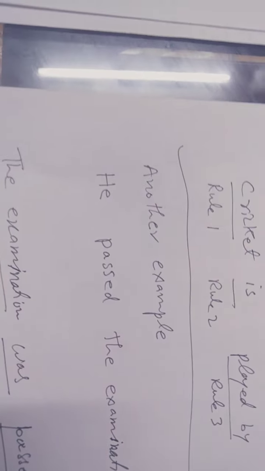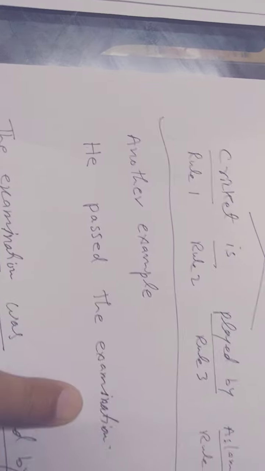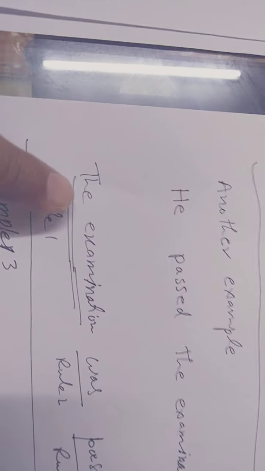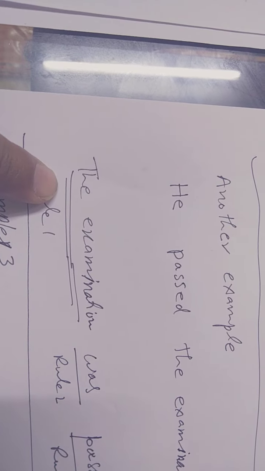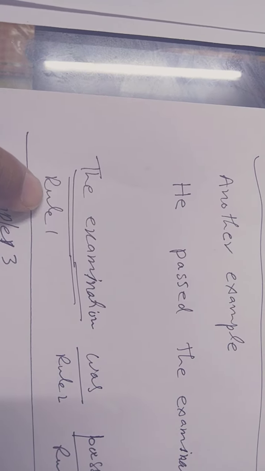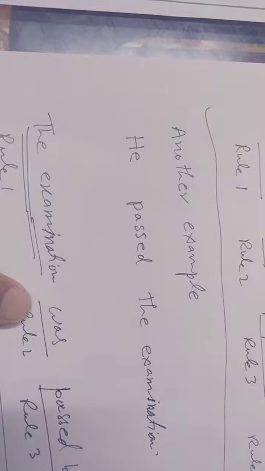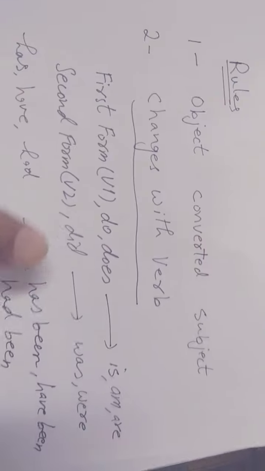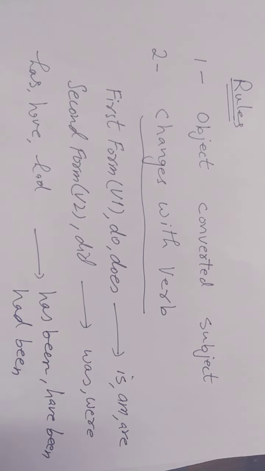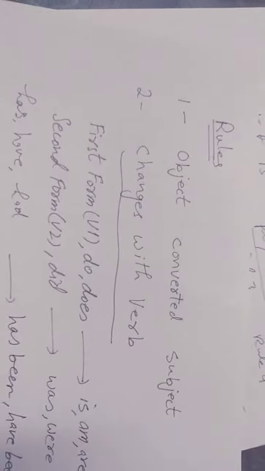Now another example. He passed the examination. The examination, rule 1: we have converted the object into the subject. Rule 2: if there is the second form of the verb or did, you have to add was or were.